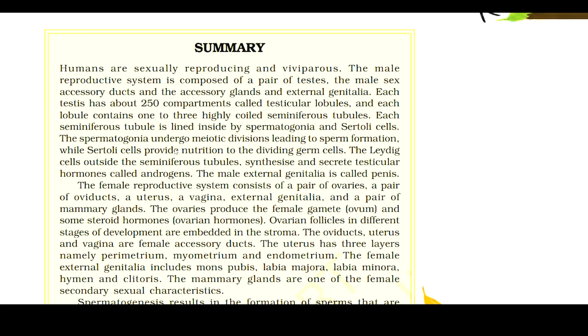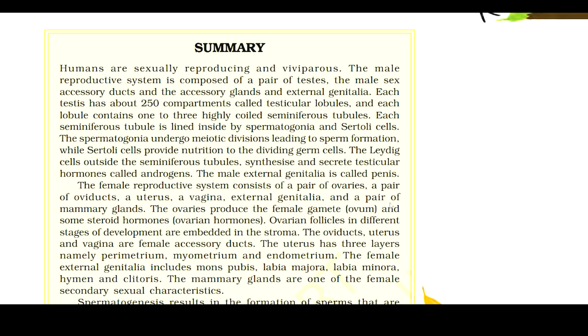Each seminiferous tubule is lined inside by spermatogonia and Sertoli cells. The spermatogonia undergo meiotic divisions leading to sperm formation, while Sertoli cells provide nutrition to the dividing germ cells. The Leydig cells outside the seminiferous tubules synthesize and secrete testicular hormones called androgens. The male external genitalia is called the penis.